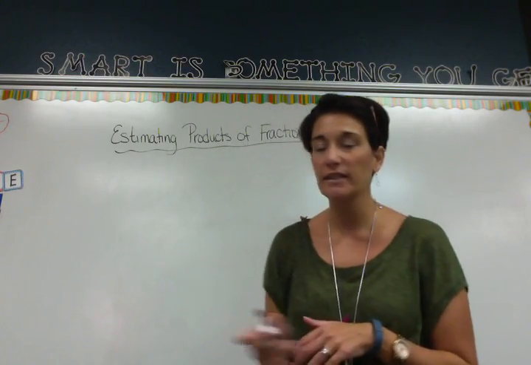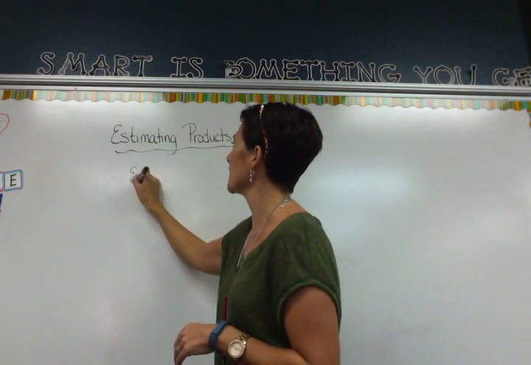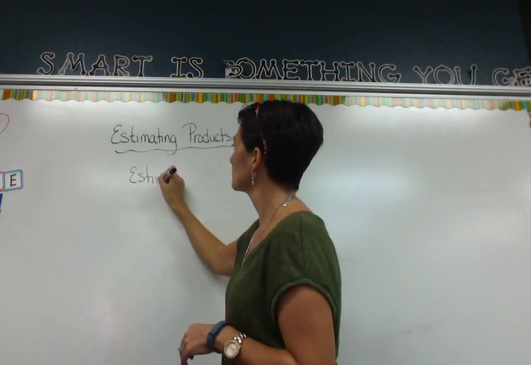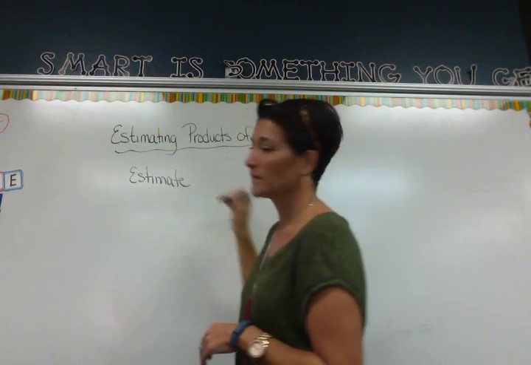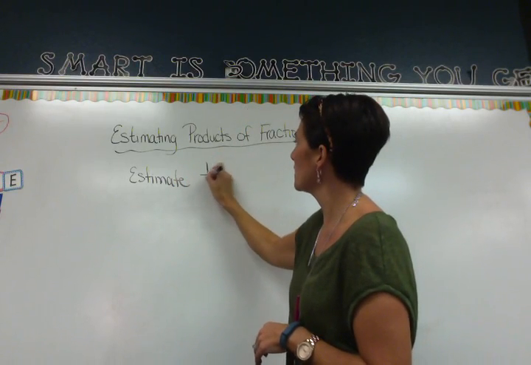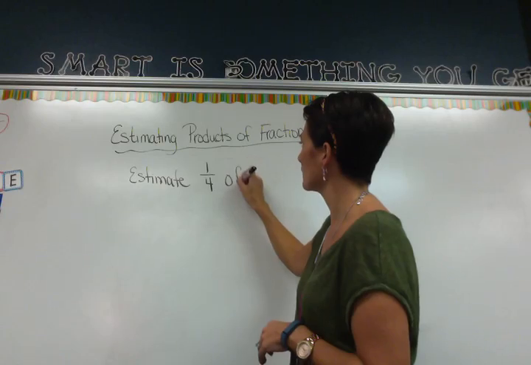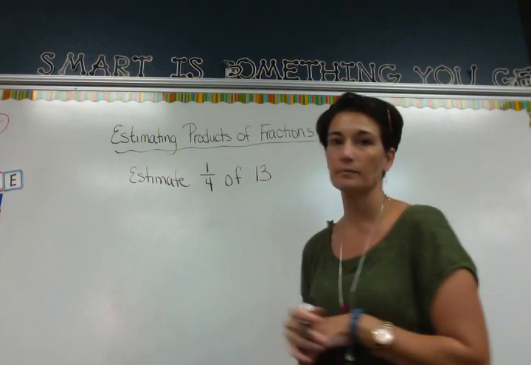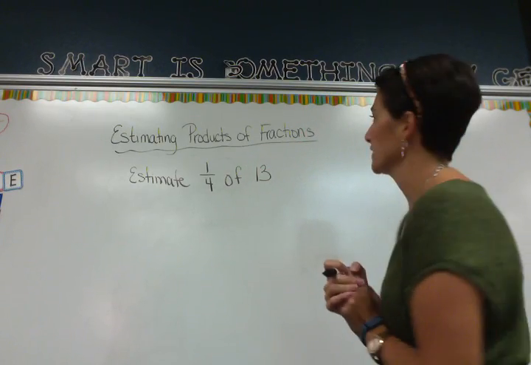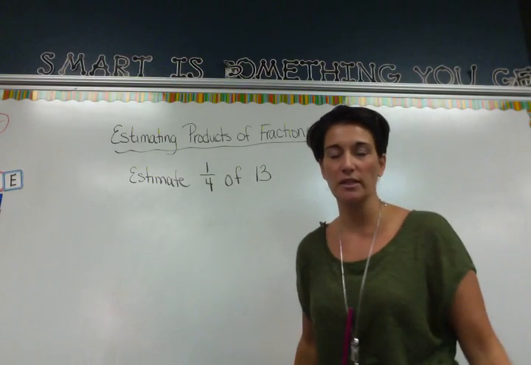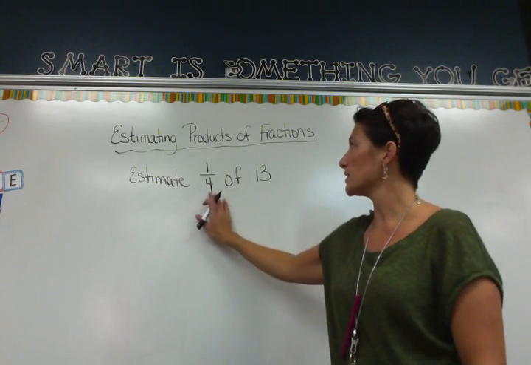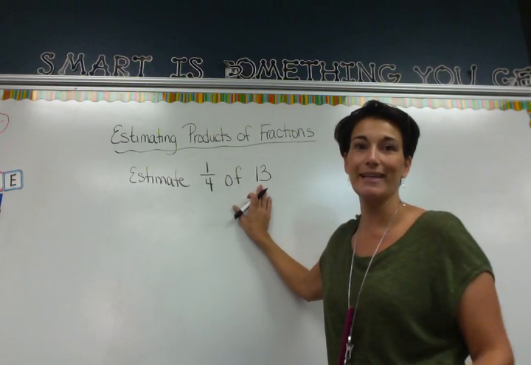All right, so our first example is going to be estimate 1/4 of 13. All right, so after you write this problem down, I want you to start thinking in your head, okay, does 4 go into 13 evenly?